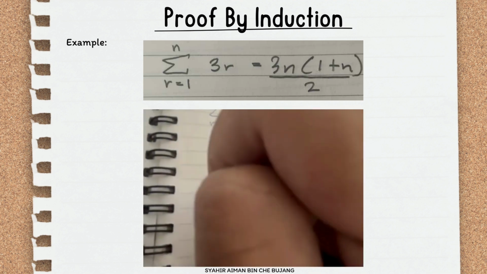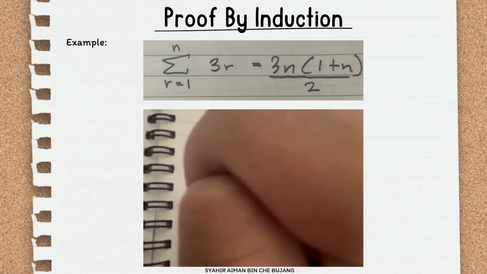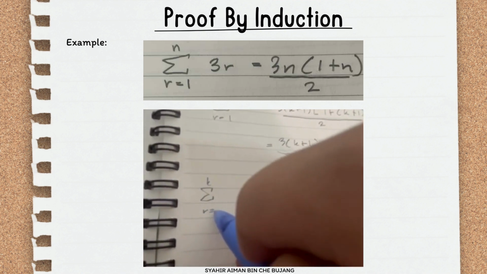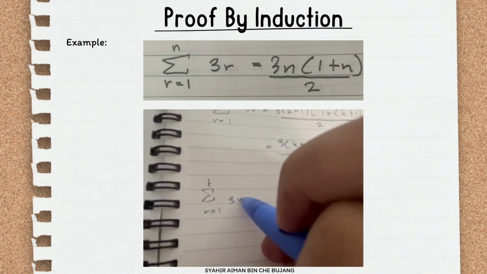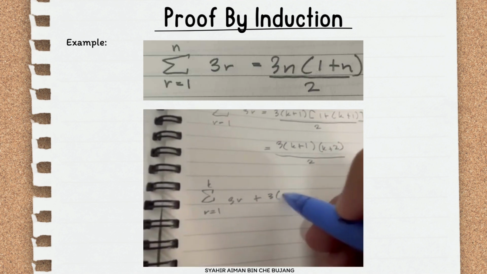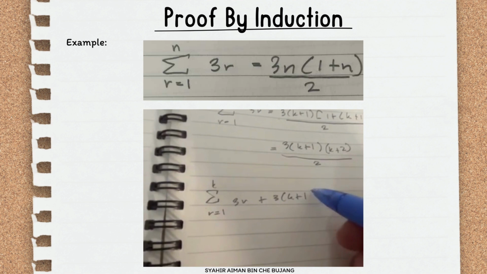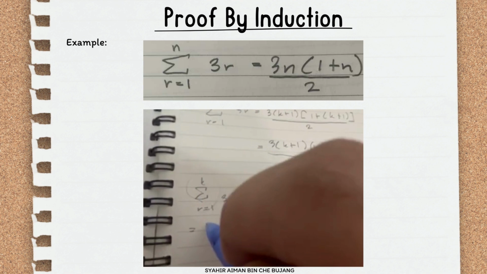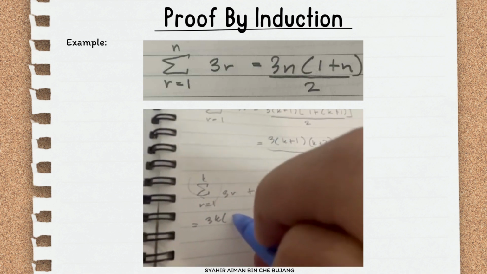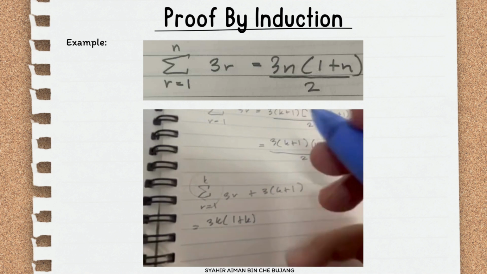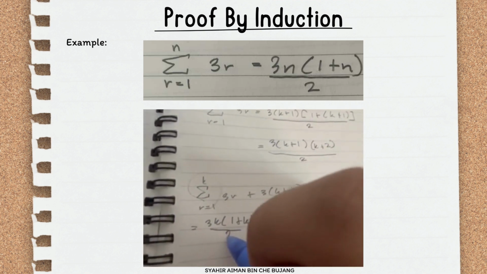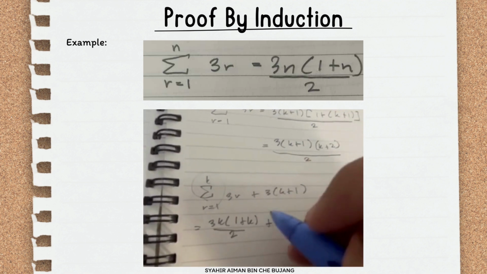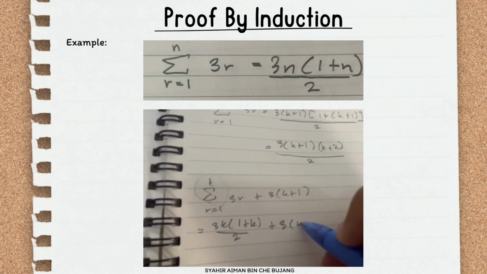So the sum of 3r plus the term 3(k plus 1). We take this and it becomes 3k times (1 plus k) over 2, plus 3(k plus 1).